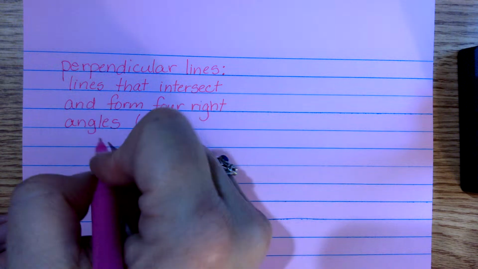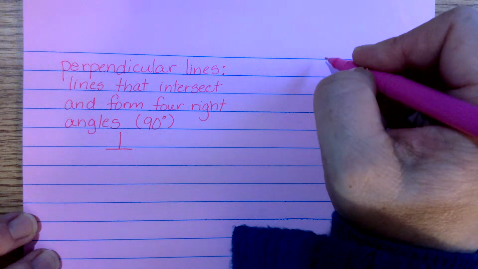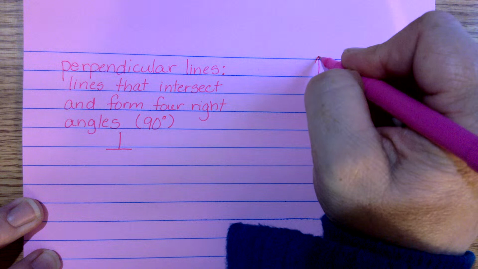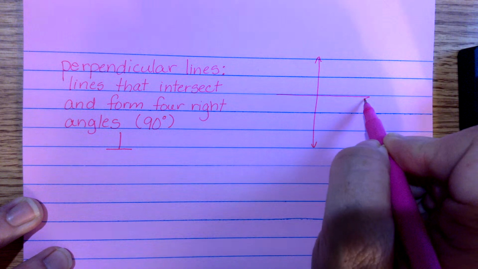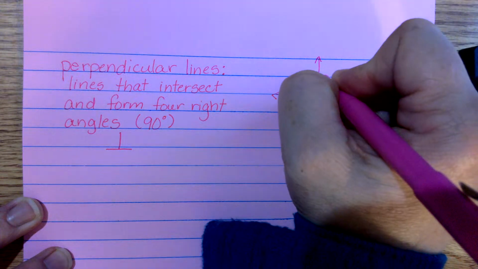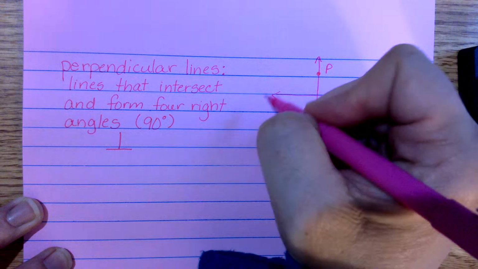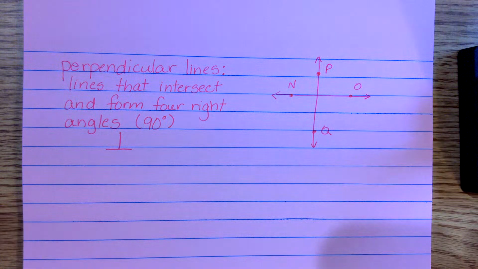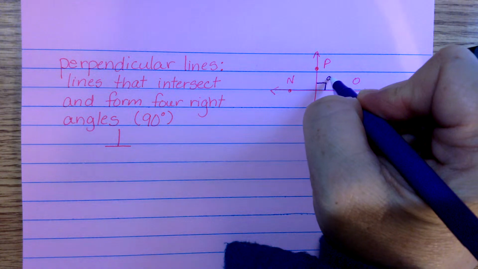The way that perpendicular is notated is with an upside down capital T. So again, we're going to pretend like Mrs. Cito is perfect and that Mrs. Cito can draw perfect perpendicular lines. So we have P and Q and N and O. And the important thing to notice here is that each one of these angles is 90 degrees.